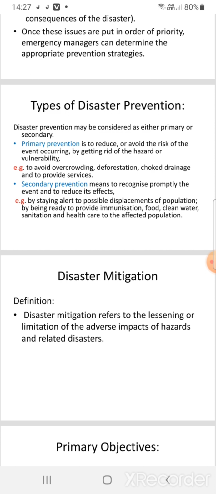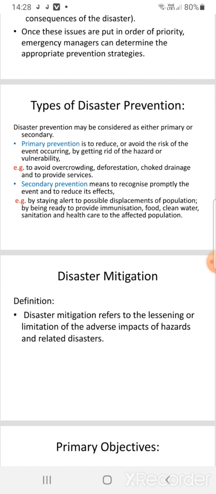Now, secondary prevention means to recognize promptly the event and to reduce its effects. That is, you are allowing the event to happen, you are allowing the effect to come out, but you reduce the effects.